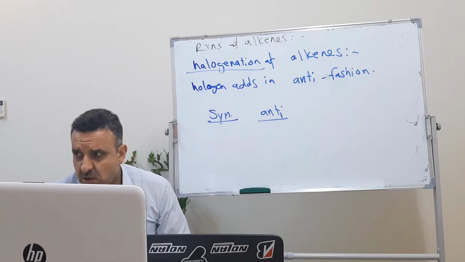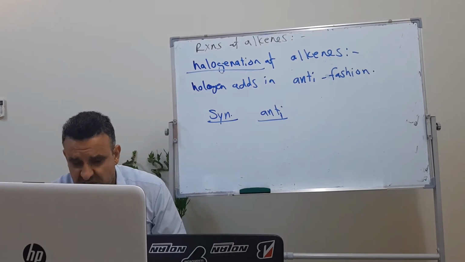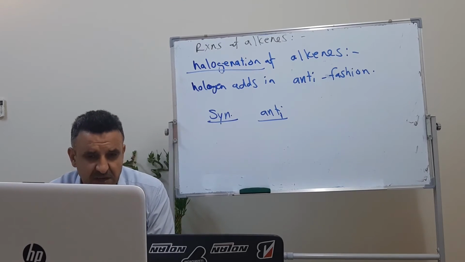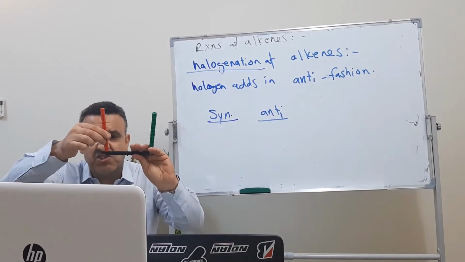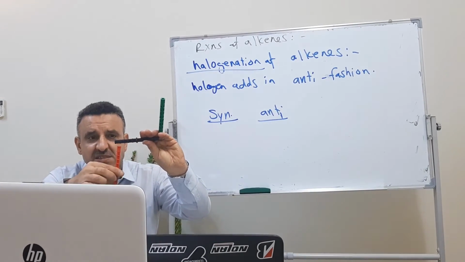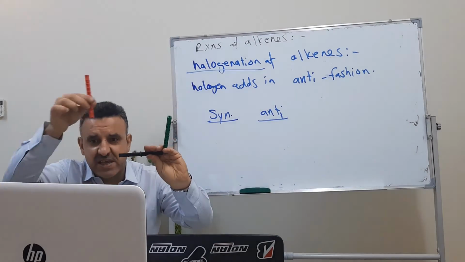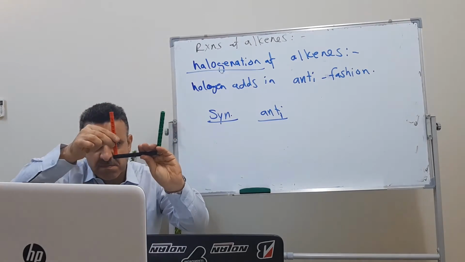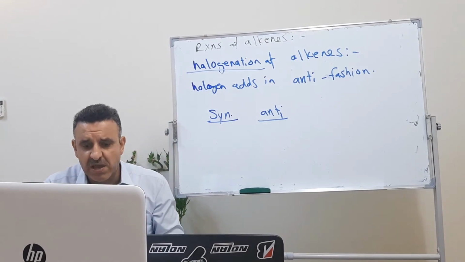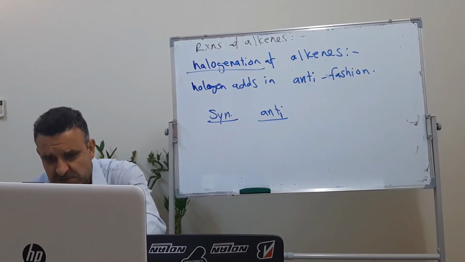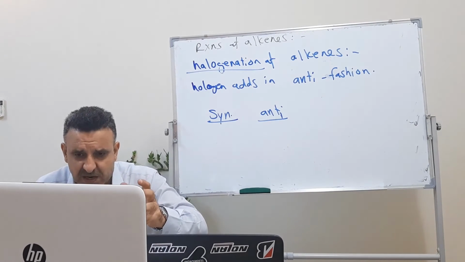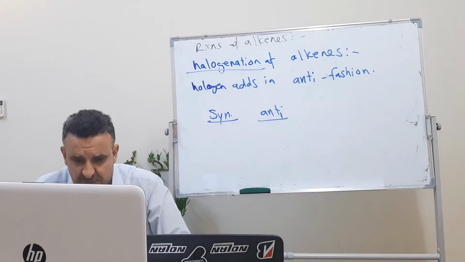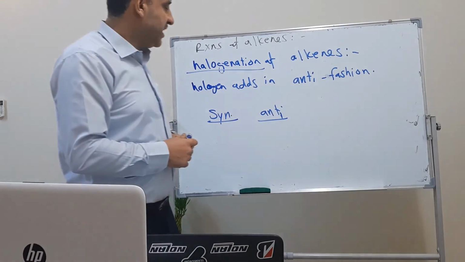In this case, we call it anti-addition. Got it? Can you recognize now syn addition compared to anti-addition? So, as I said, there are two possibilities for the two adding parts to add themselves to the two carbons of the double bond: syn or anti.